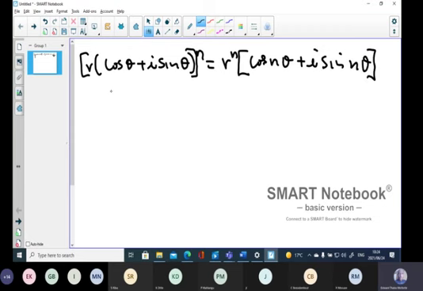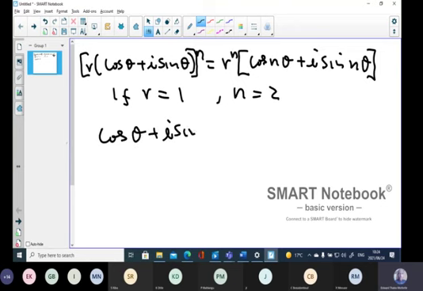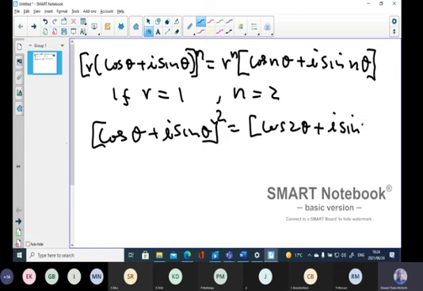Now I want to expand. If r is equal to 1 and n is equal to 2, I want to write this. What will this be? It's going to be cos theta plus i sine theta to the power 2, and this is equivalent to cos 2 theta plus i sine 2 theta.